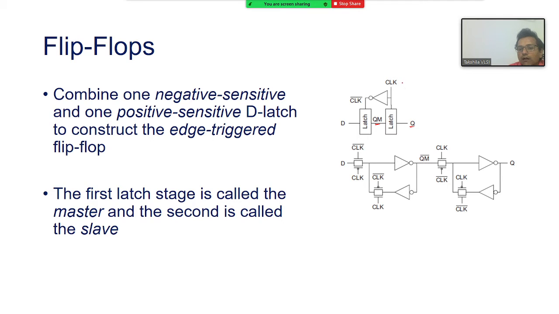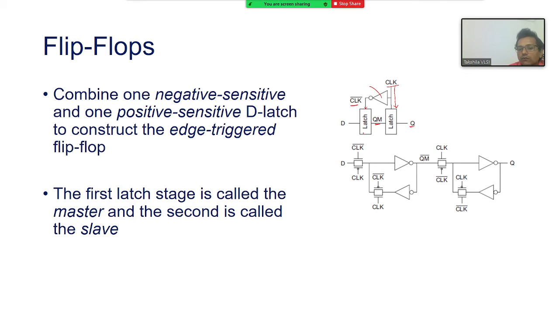And look at how the clock is coming. Clock is coming right here, and clock bar is fed to the first latch, which is the inverted clock, and it's complementary. So this is important to understand.